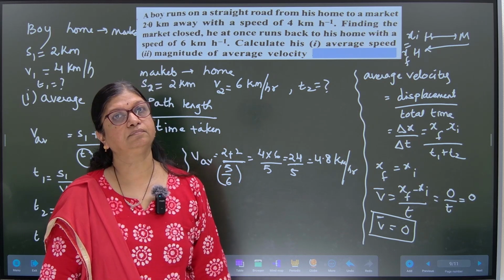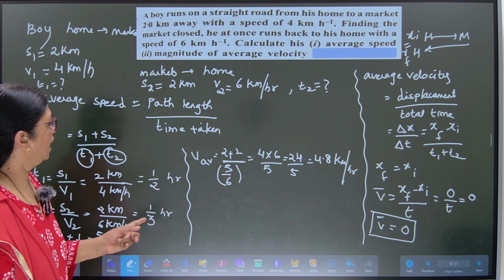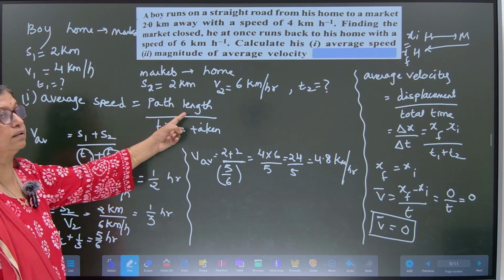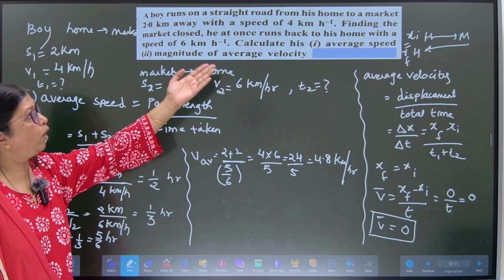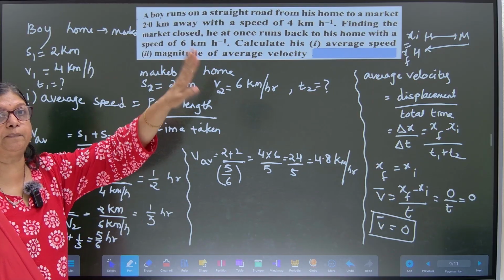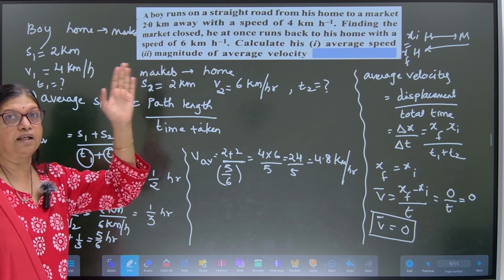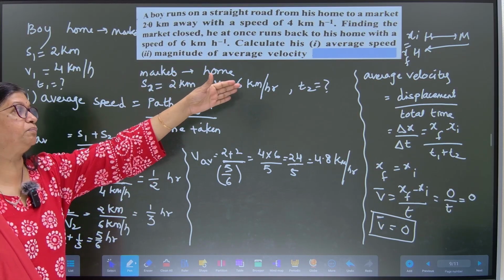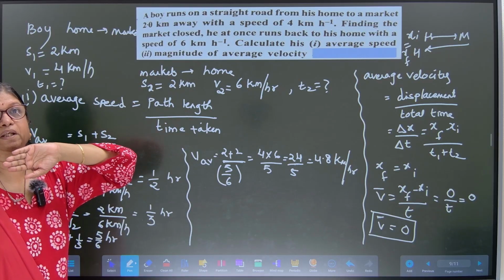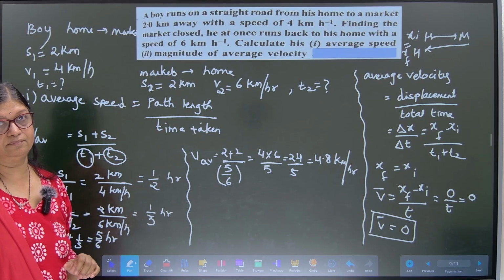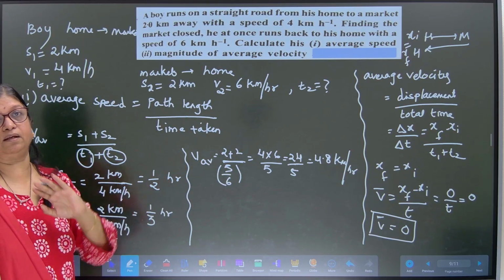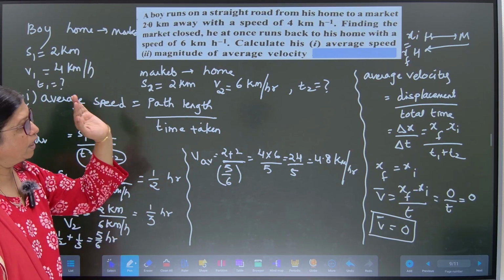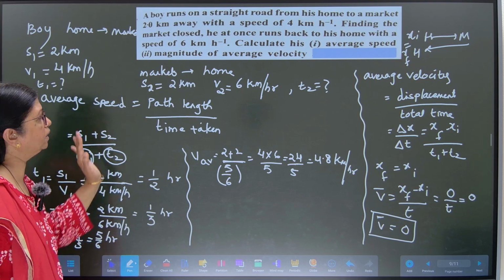Am I clear? Here I calculated the total path length upon total time. Path length will be there. The boy has gone from home to market, market to home. If you remember when I taught this concept, this type of numerical we did with a number line. The same concept here, I used it in the numerical. Fine. So understand both the concepts.